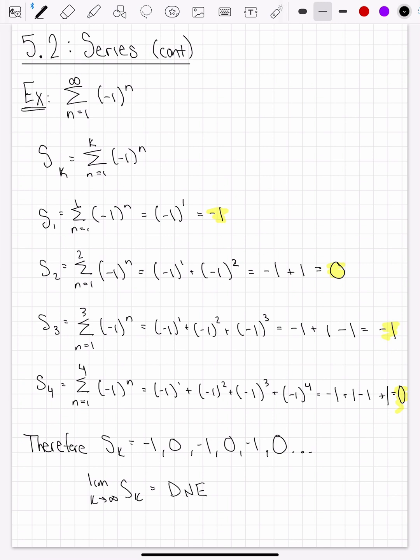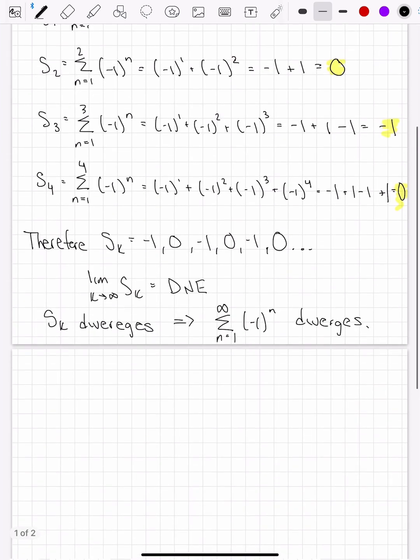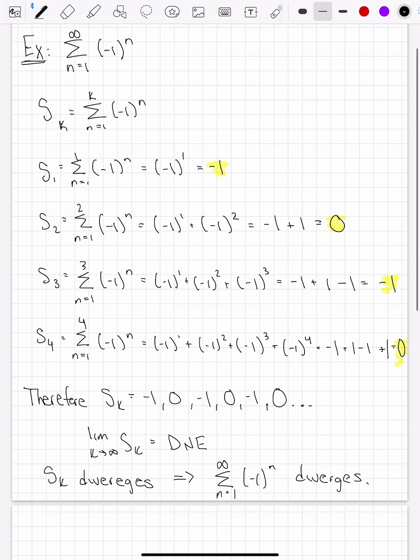So it's never going to converge. So therefore, Sk diverges. So then we get that this limit also diverges. That means that its sum is not a real finite value that we could determine.